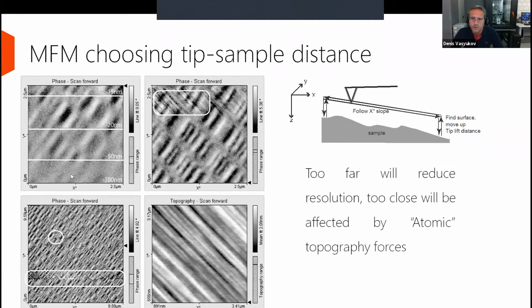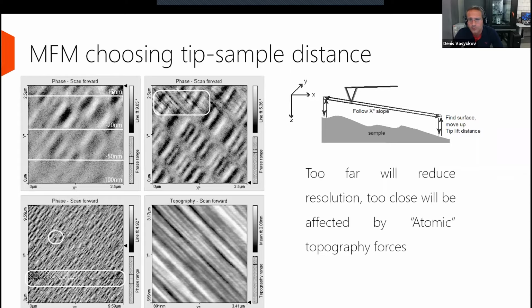There, we imaged first at 100 nanometers, then let's say some 50 nanometers to the sample, 20 and 15, and you see there's quite some contrast between 100 nanometers and 20. So the signal increases substantially, but there is no strong increase in the signal quality between 20 and 15 nanometers, for example.